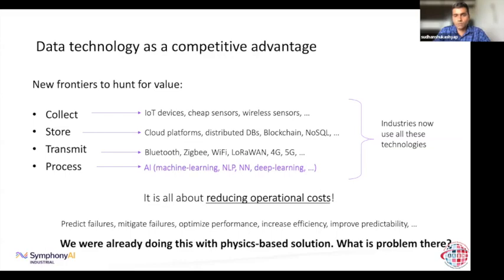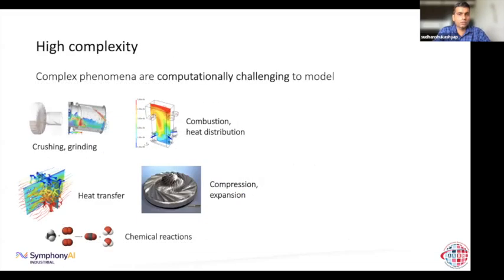So what is the problem with our conventional approach, where we deploy physics-based models and do physics-based analysis? Let's look into the challenges present in those areas, and the first challenge is high complexity. If you look at industrial and chemical engineering problems like combustion, heat transfer, mass transfer, or chemical kinetics, they're very complex.